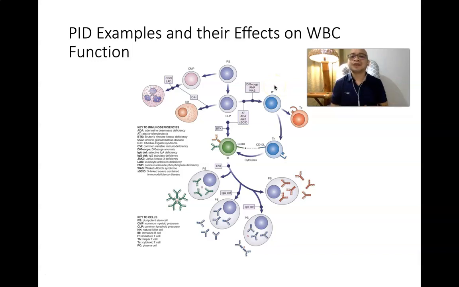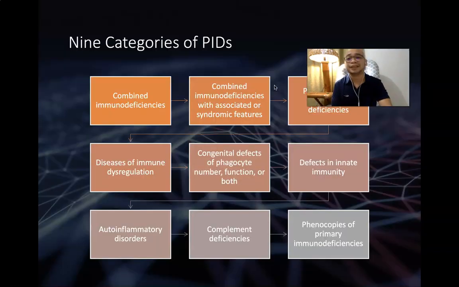If I were you, I would study this particular illustration so that you'll be able to know what particular function of WBCs will be affected for a certain type of immunodeficiency disorder, particularly primary immunodeficiency.